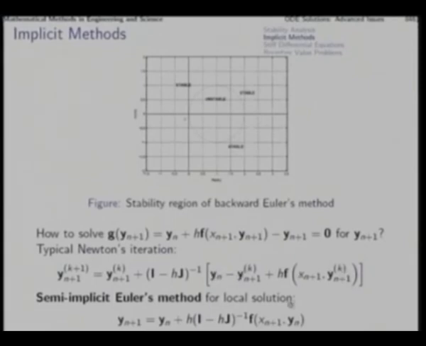So the function will be evaluated at x_{n+1}, but y_n which is known. This is the first iteration of Newton's method. Now if you utilize only the first iteration, then what you get is called semi-implicit Euler's method. Otherwise the complete implicit Euler's method will require you to have this iteration till convergence.